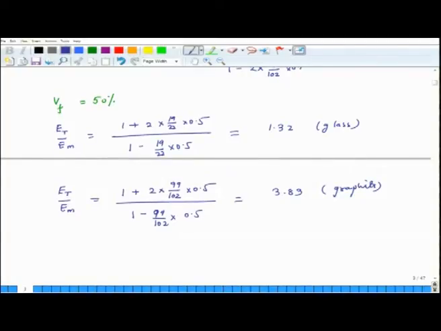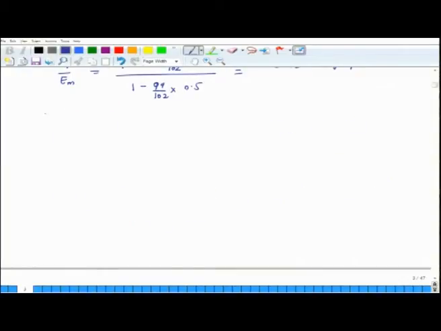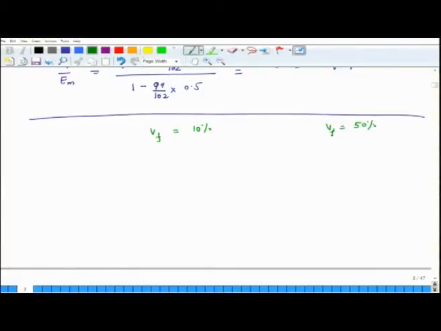Now, we had done similar calculations for the same type of system earlier also for longitudinal modulus. So, what we will do is put all these results in a small table and see what we make of it. We have two volume fractions, Vf equal to 10% and Vf equal to 50%.